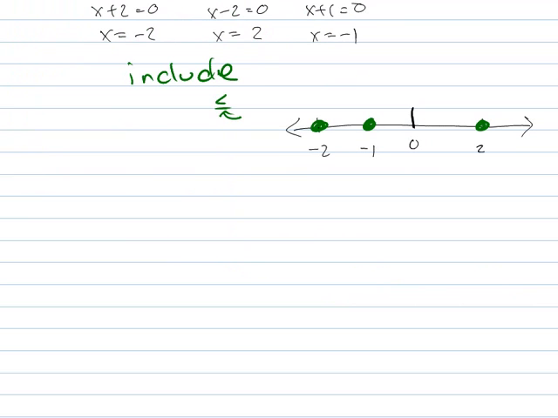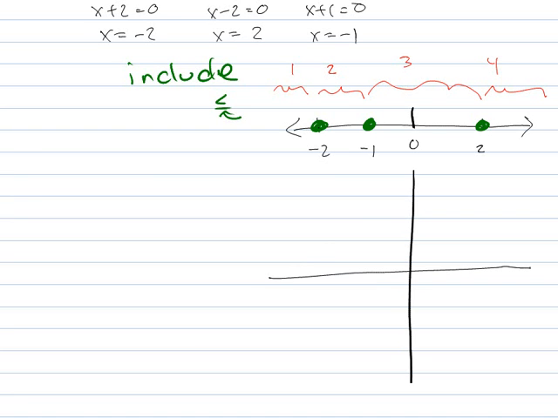I've got a section here, and here, and here, and here, right? So I've got 4 sections. Whenever I'm looking at the graph that I'm about to put on my calculator, I want to make sure that I look for all 4 of those sections when I do this problem.